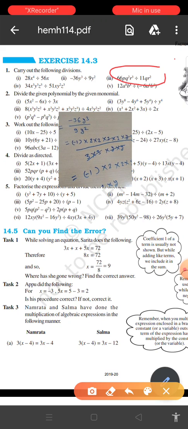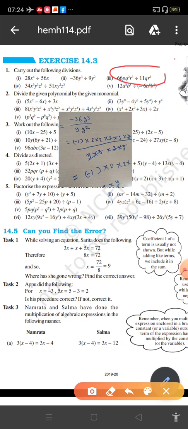You can say quotient. Clear? So let's see how to solve it.